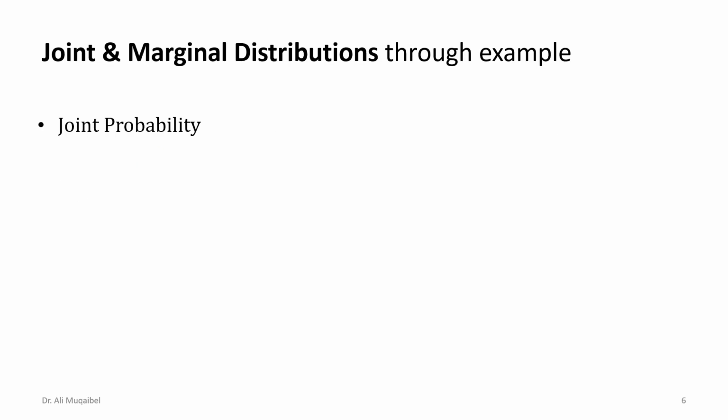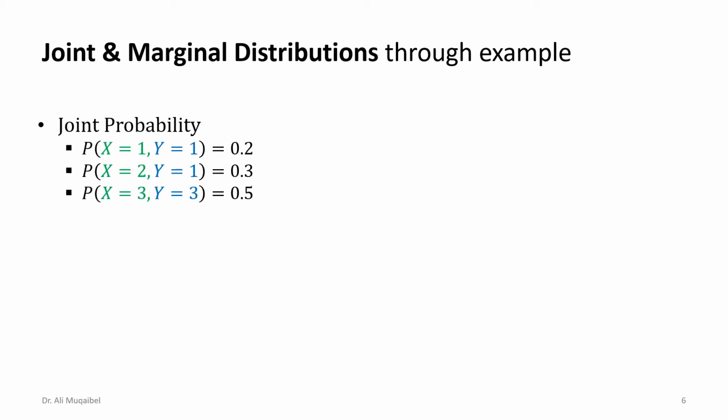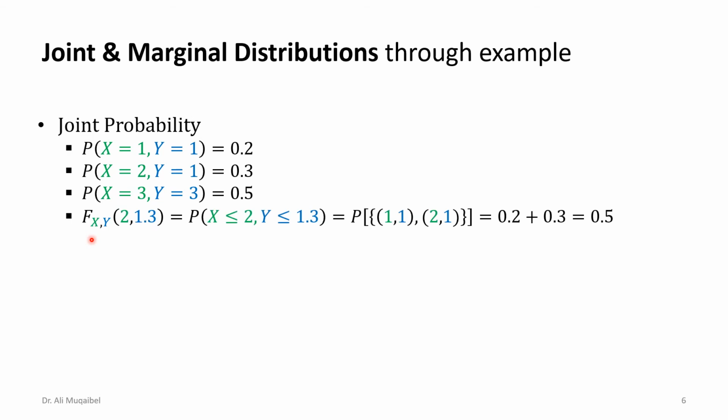Since we defined the joint distribution, we also can define something called the marginal distribution. We'll do this through an example. Let's take this discrete example where we have 3 possibilities. We can have x equal to 1, y equal to 1 with 0.2, x equal to 2, y equal to 1 with 0.3, and finally we have x and y equal to 3 with a probability of 0.5.